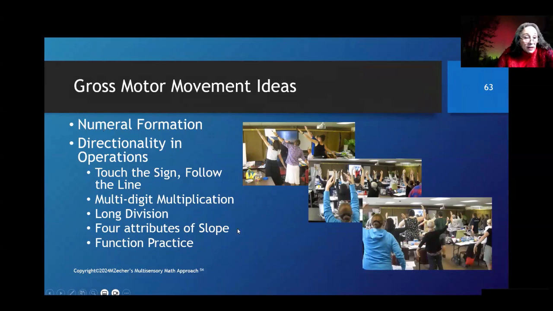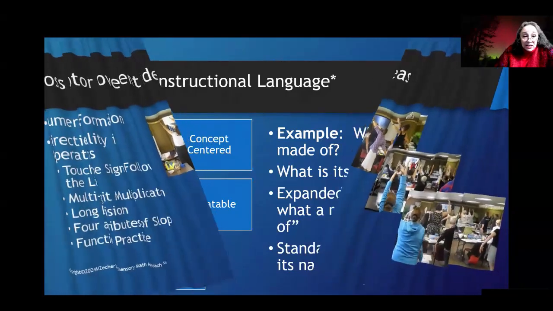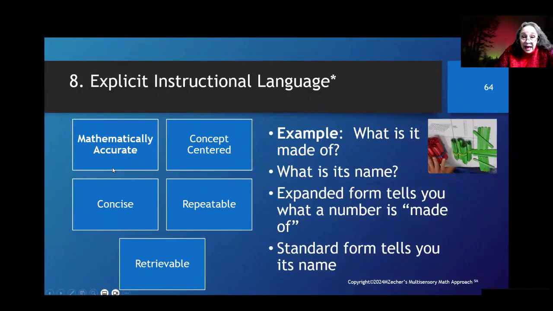And so everything that you can do with gross motor helps students to move. It gets them to breathe. It gets your class in choral alignment so that you can see who's got it and who doesn't. Those are formative assessments.